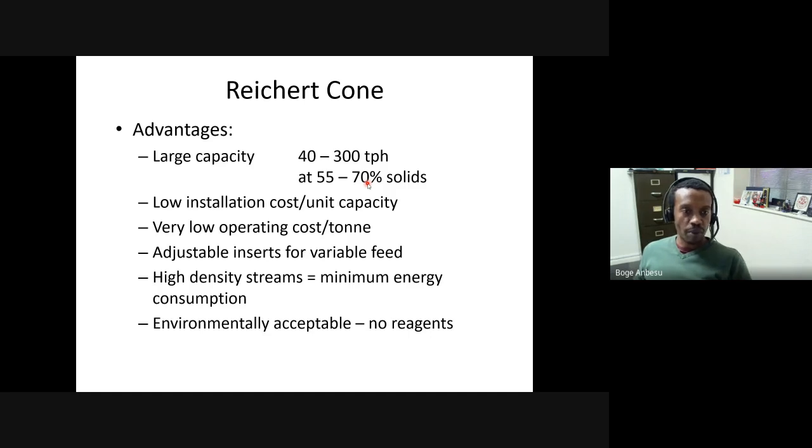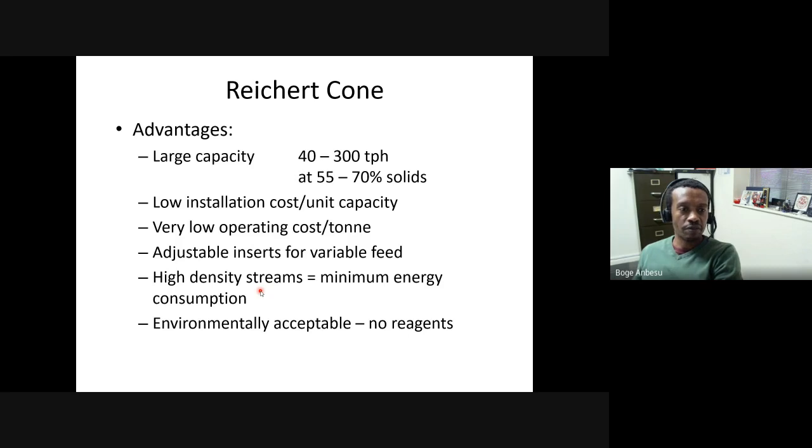In comparison, a shaking table may take somewhere around 20 or 25% solids. They're also easier to operate and easier to install, can be reasonably effective, and you don't need any reagents to operate them. So you could also argue that they're environmentally friendly as well.